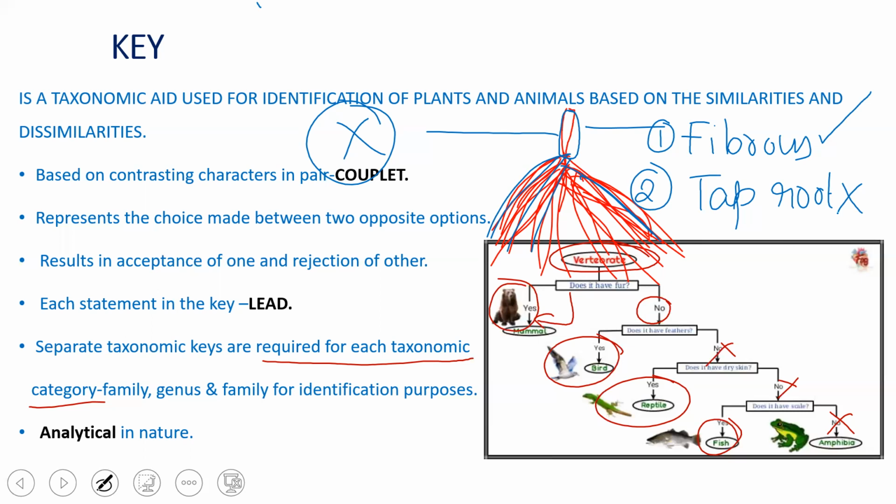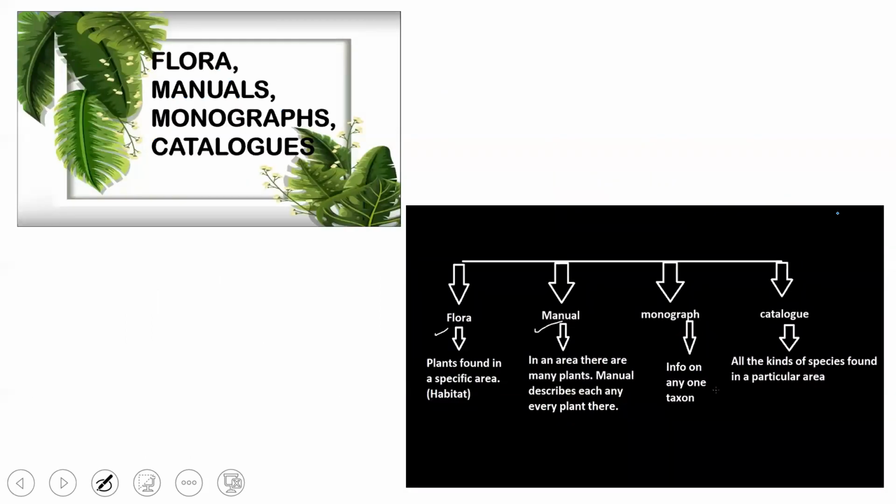Okay, so we'll now understand about the different taxonomic aids, which include the floras, the manuals, the monograph, and the catalogs. Okay, so these are the important taxonomic aids which are going to help us to describe an organism. It is going to help us to describe the habitat.